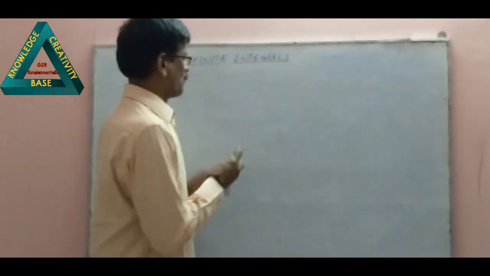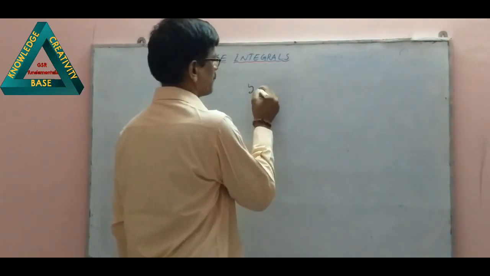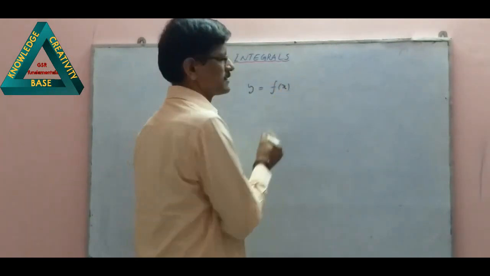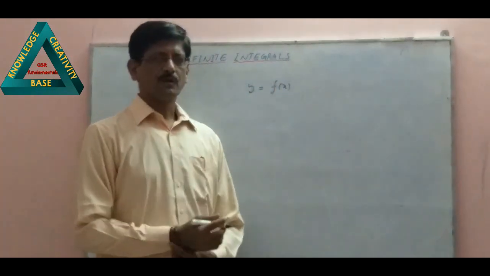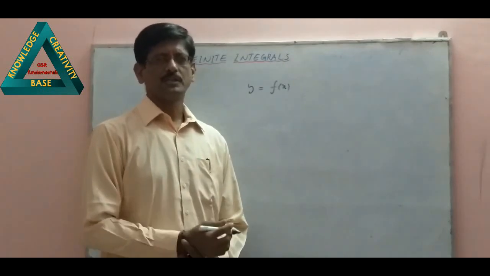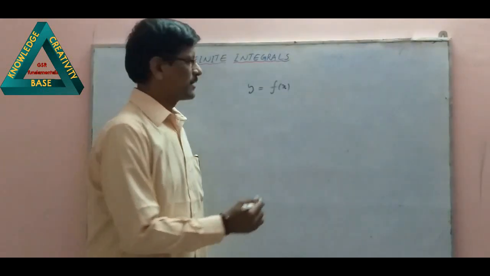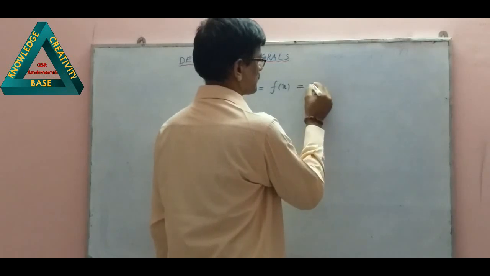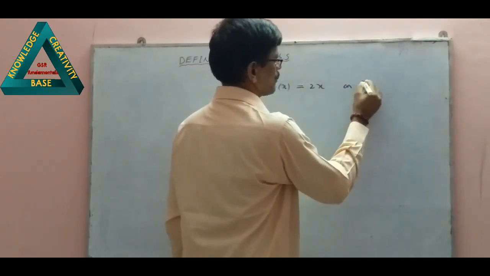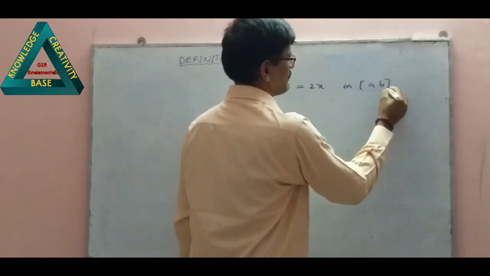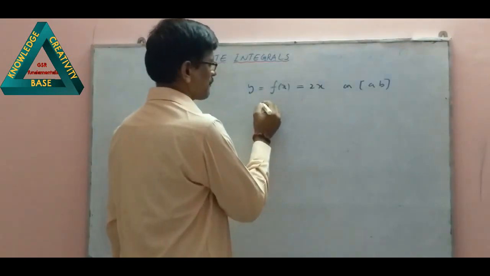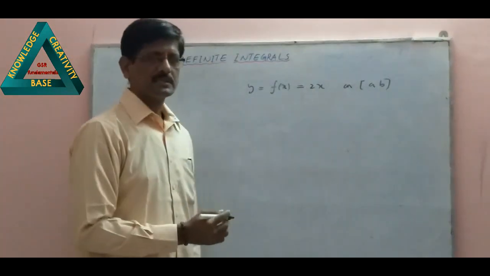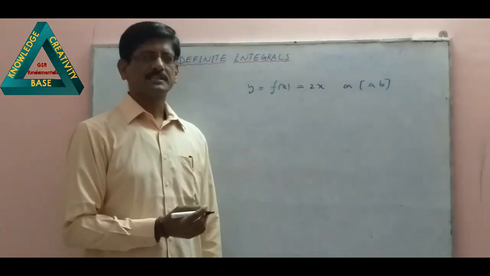Suppose y is equal to f of x be any continuous function on closed interval a comma b, that f of x is 2x on closed interval a comma b. That means f of x is equal to 2x represents a straight line.